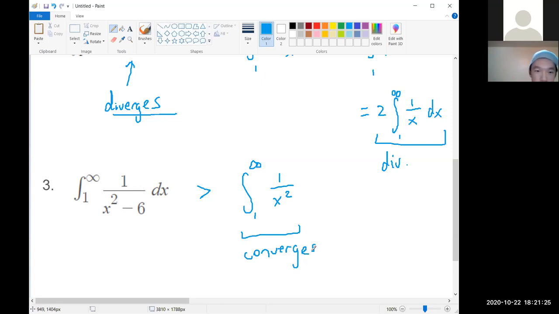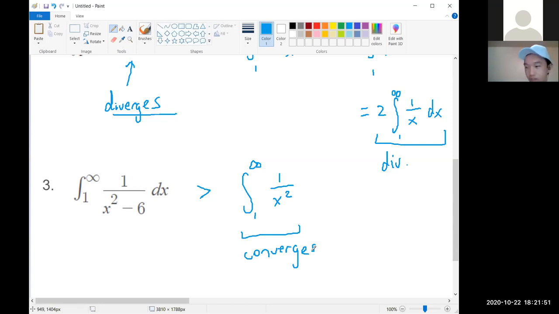So can we reach a conclusion for our original integral? No. What? Why not? Because the original is greater than the comparison. But then what's the issue? Why can't we say the original one converges as well?